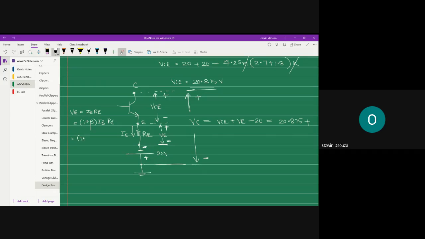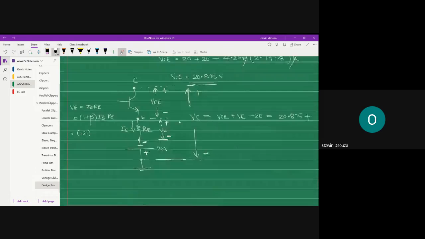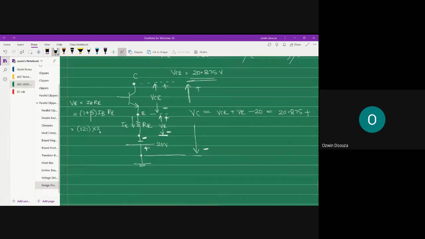So that is 121 into IB. IB we have obtained as 35.4 micro into RE. RE is 1.8 kilo ohms. Okay, so just find out emitter voltage VE.